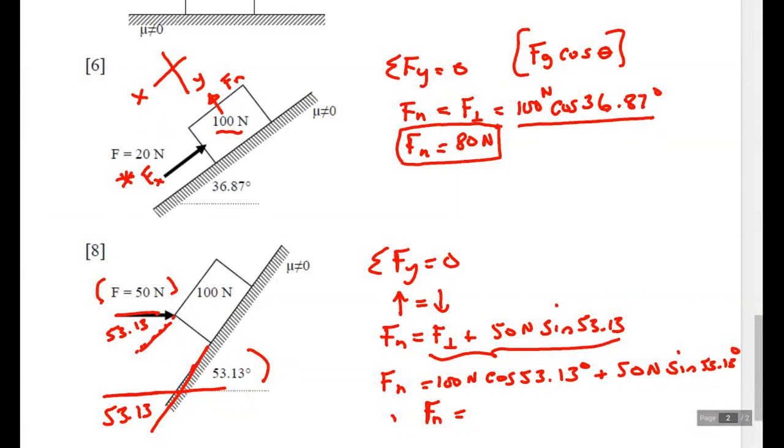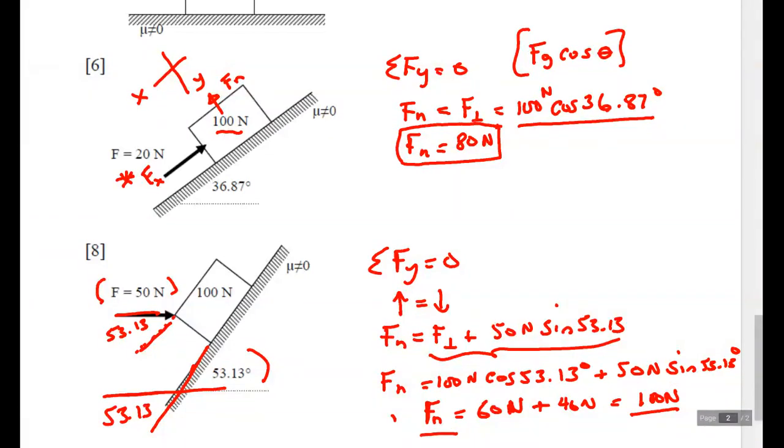Let's take a look at what that is. That's 60 newtons. Yeah, 100 cosine theta is 60 newtons when you work it out. Plus the vertical component of the applied force, which turns out to be 40 newtons. Yeah, 40 newtons. And so we see the normal is 100 newtons. The normal is 100 newtons.